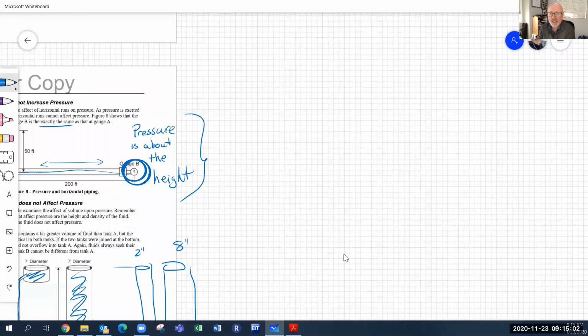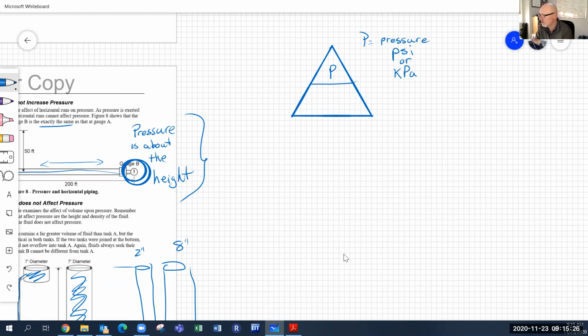So here is our formula triangle for hydrostatic pressure. And the pressure is at the top. So P is equal to the pressure, and the pressure is expressed in pounds per square inch or kilopascals, which is the metric equivalent to PSI.